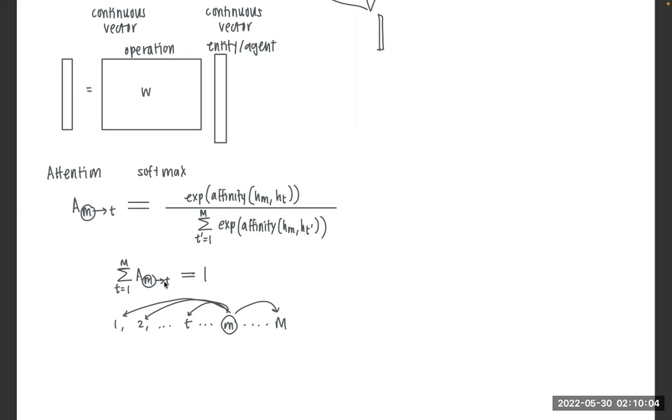So now you have this attention A, which sums to 1. From the perspective of M, when M pays attention to all the other vectors, including itself, this attention should sum to 1. As I mentioned, you can interpret this as a probability, but often we just interpret this as a weight, so that we can compute the weighted average.